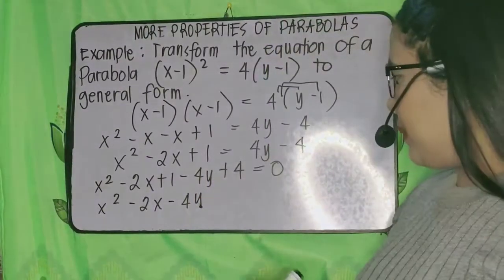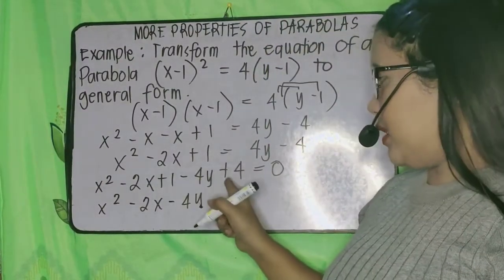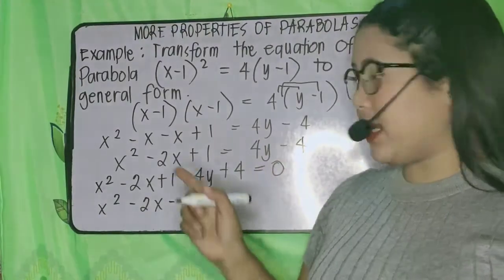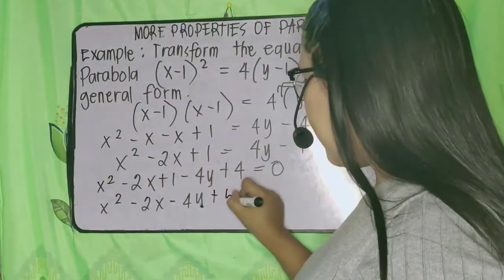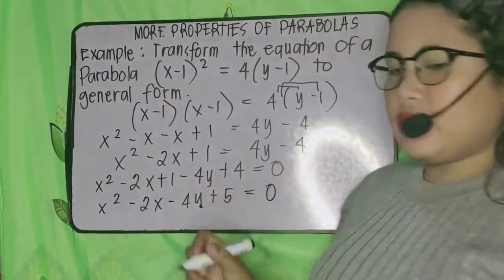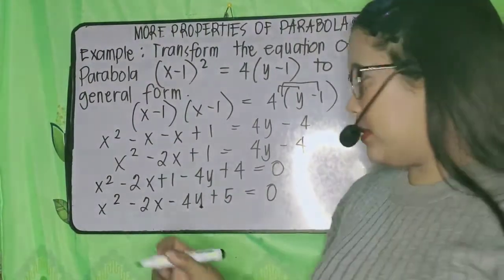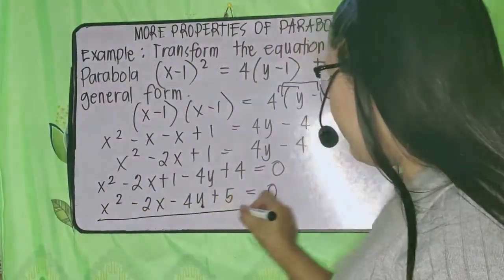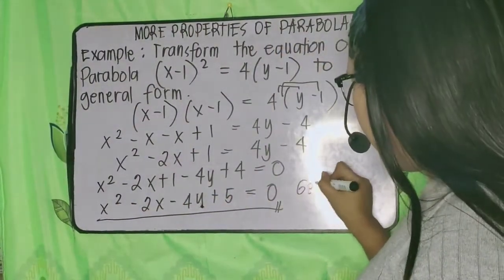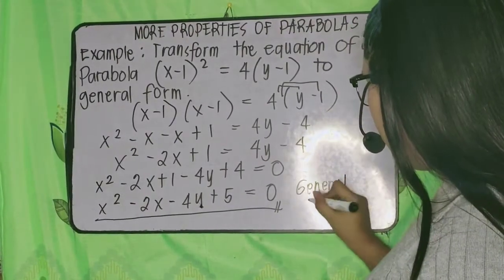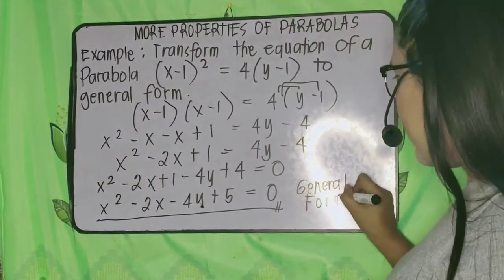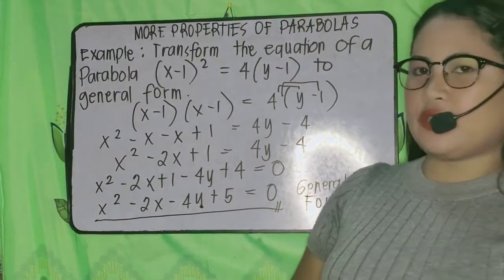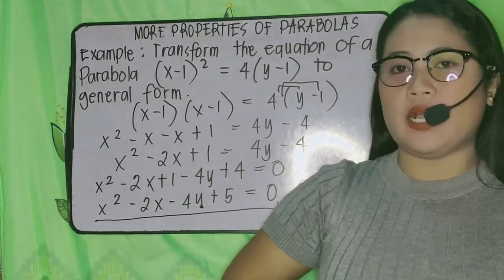We can combine the positive 1 and the positive 4. So, 1 plus 4, we have positive 5 equals 0. So, here's our given example. Therefore, our general form is x squared minus 2x minus 4y plus 5 equals 0.